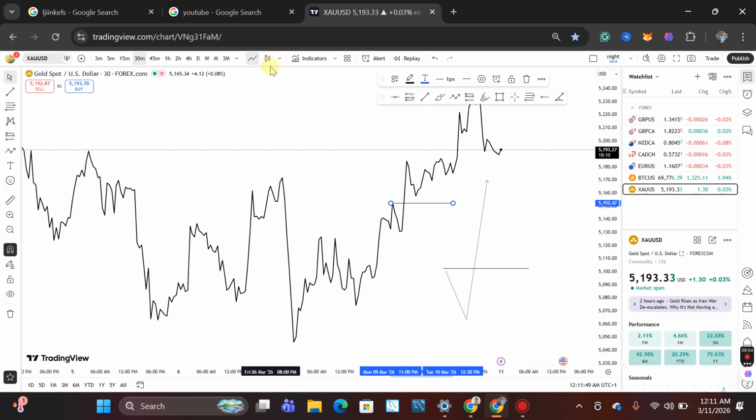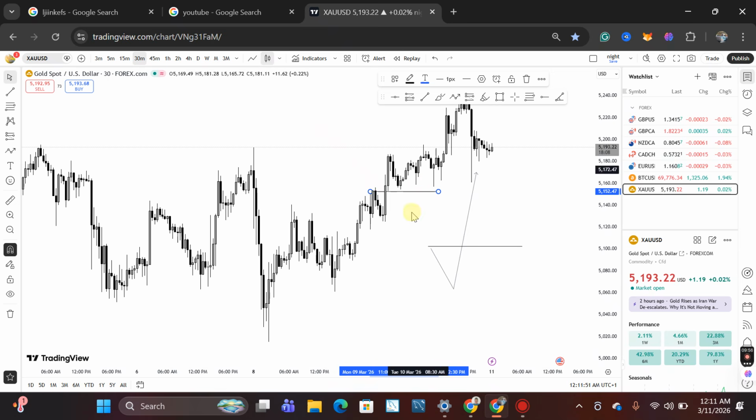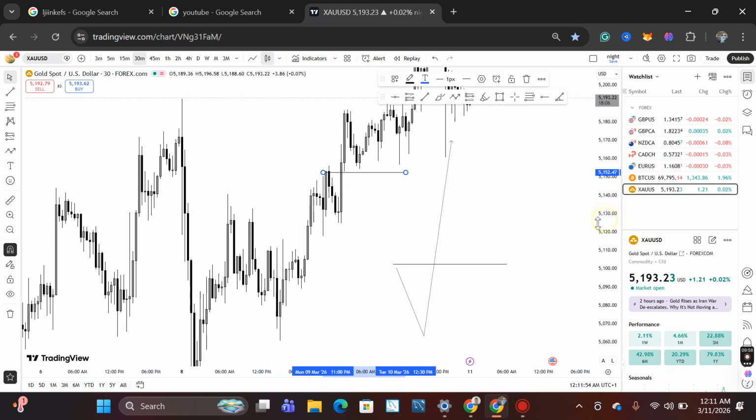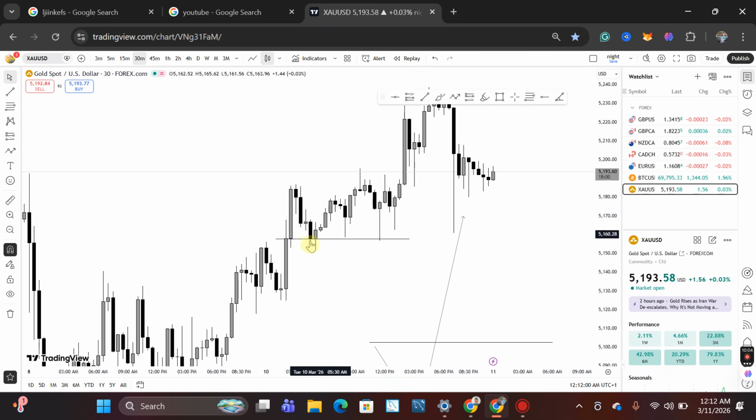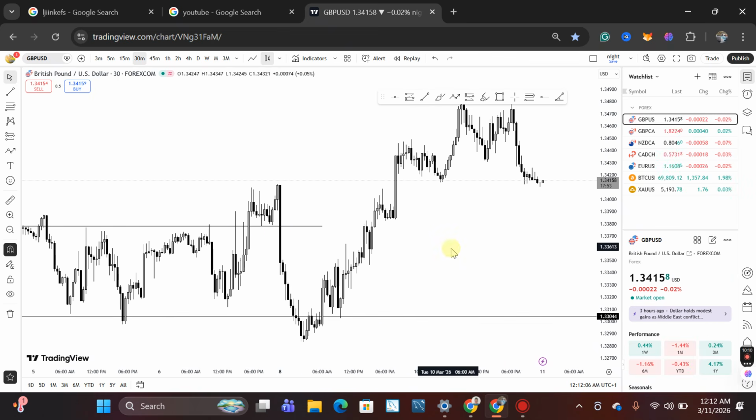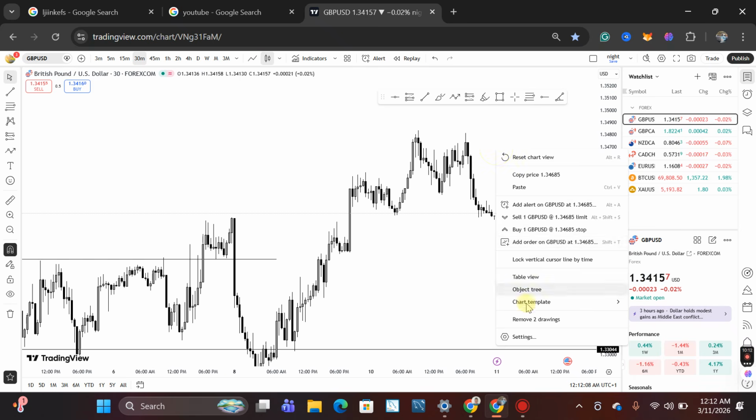If it touches here, the market is giving you a sniper entry. Okay, it didn't touch here, but if you look closely, you see that it respected the open and close key level. The market reacted from the open and close key level. So the market gives you this kind of key level so that you can benefit from the trade.